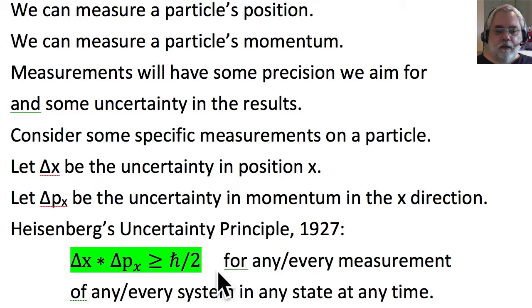It doesn't say you can't measure position very accurately. But what it says is, if you're trying to make the position measurement very accurate, a measurement of momentum in that direction would be less accurate.